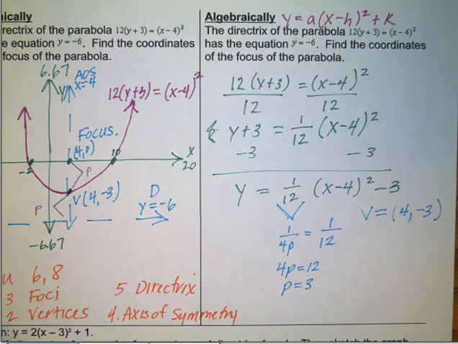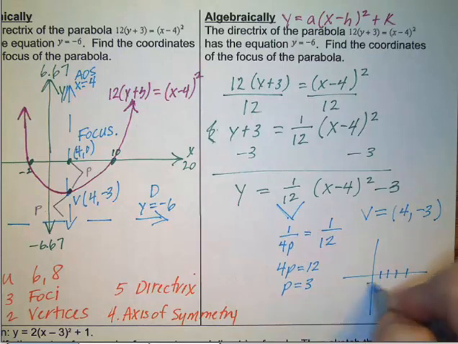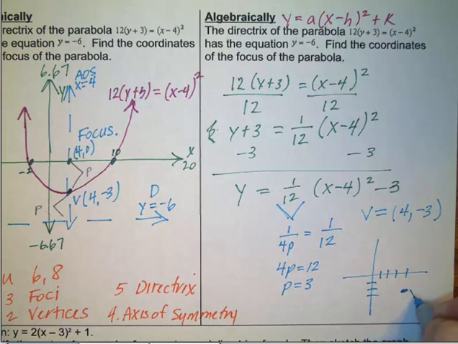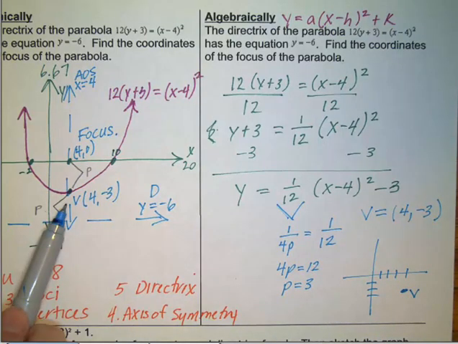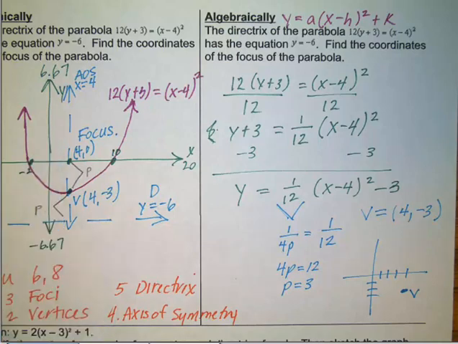So again, I'm trying to find the focus. So if I graph this, if my vertex is at 4, -3, there's my vertex. My p-value means that from my vertex up is my focus. So if I go up 3, I'm right here. This is my focus, because this is my p-value.